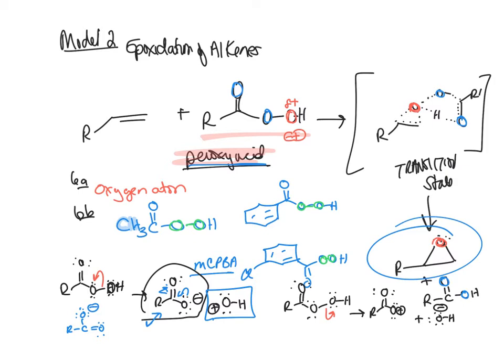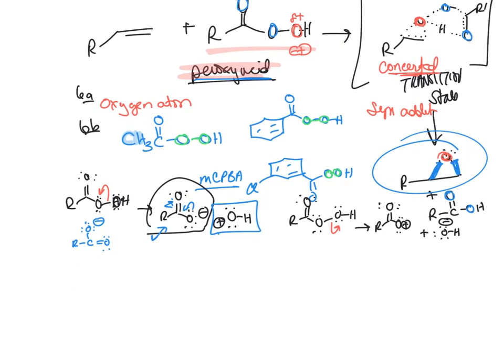The mechanism is concerted. Okay, it's not stepwise. So there is stereochemistry, and it does do syn addition. So a lot of times you have to show that the epoxide added on the same side. And the reason why that's important is, I'll show you, let's say you have a cis compound and you add MCPBA.